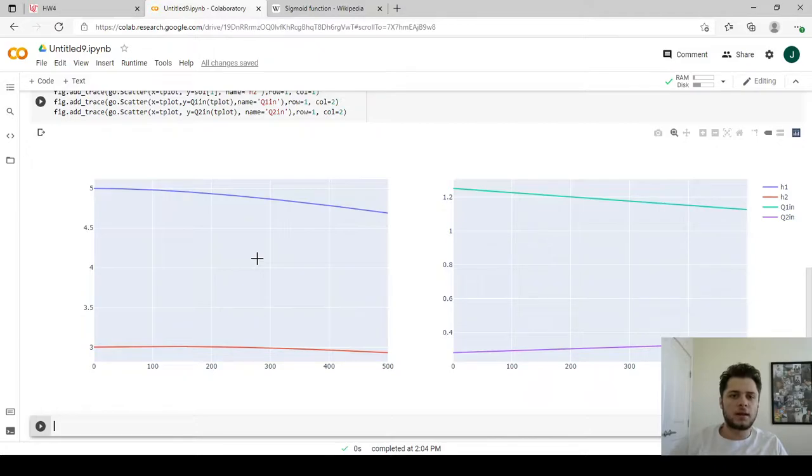But let's make it a little bit more complex. Let's say instead of the flow rates decreasing by 10% or increasing by 20% over a given time, they stay constant and then someone flips a switch and the inlet flow for tank 1 increases or decreases by 20%, something like that.